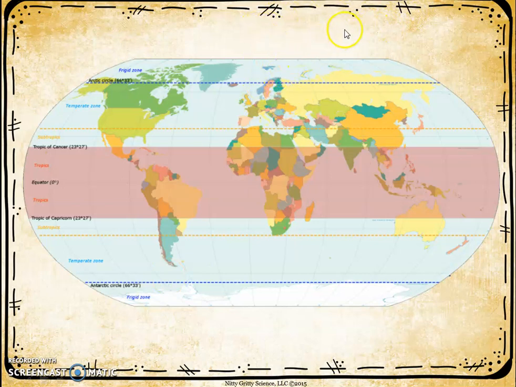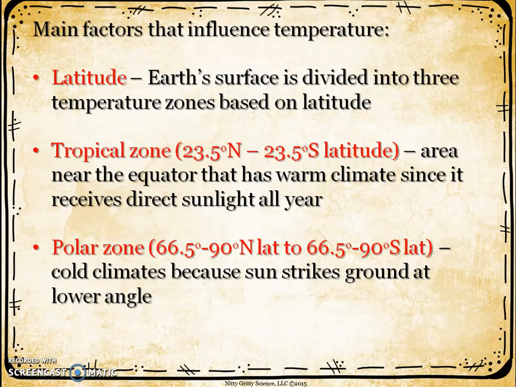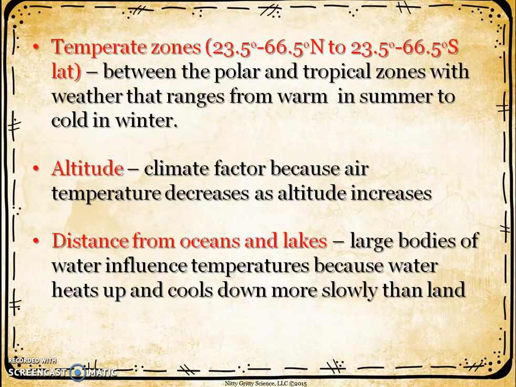It's going to come at an angle, and because of that, you lose a lot of the power of the light wave, and it's not as warm. Sunlight is not going to be as warm, so you're going to end up with a colder region. So latitude is the first factor that influences temperature.